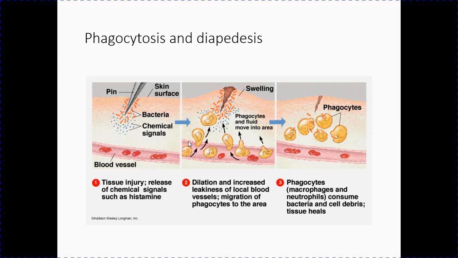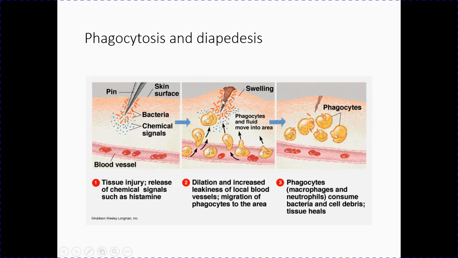And once they're there and they've gotten to the site of infection by chemotactic migration, the white blood cell squeezes through the endothelial layer through a process we call diapedesis. They squeeze through and they move further into the site of infection.